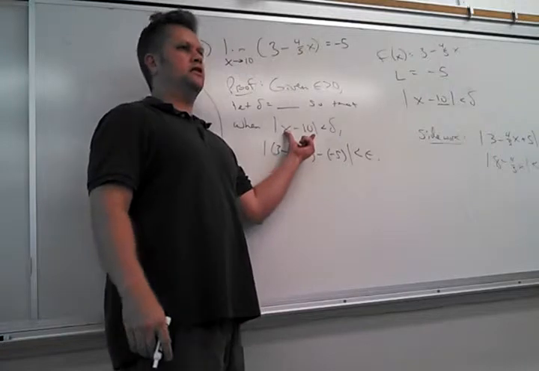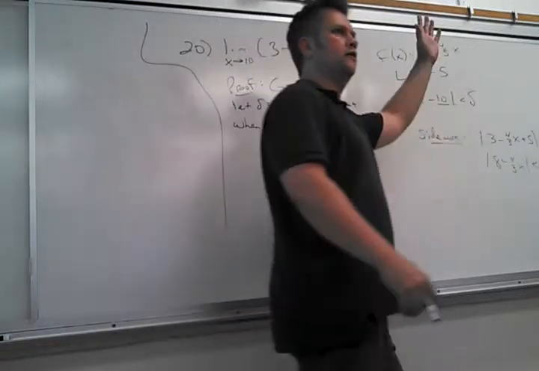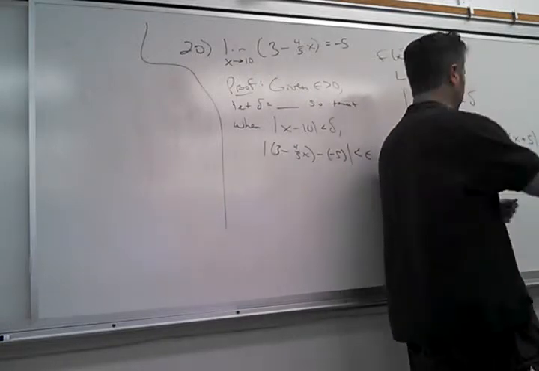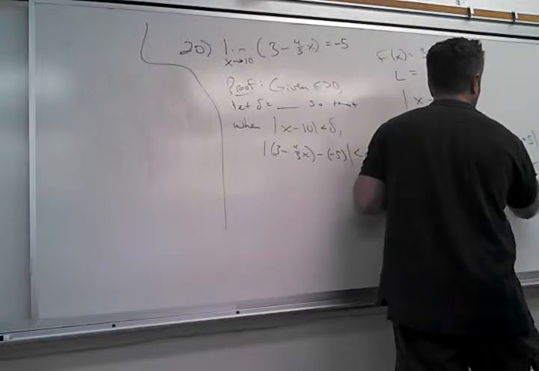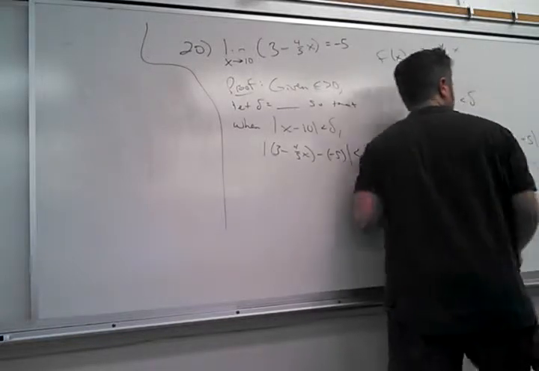Does this have any fractions in it? So how do I get rid of that fraction? Multiply by 5. And I can multiply by 5 because it's positive, right? So the absolute value is cool with it coming inside and outside. So if I multiply by 5, I get 40 minus 4x less than 5 epsilon.